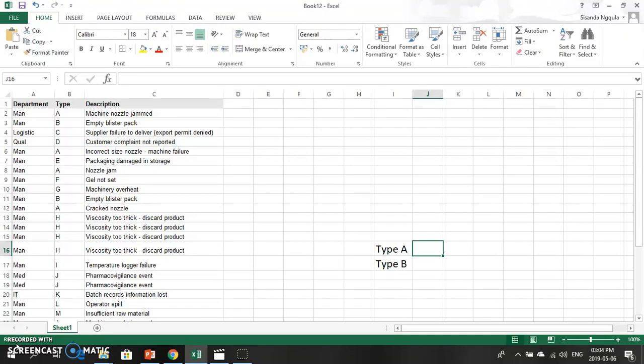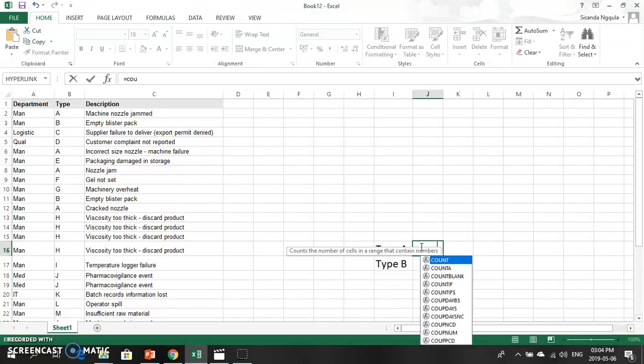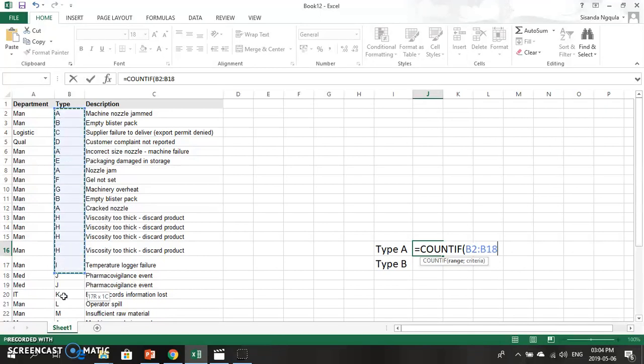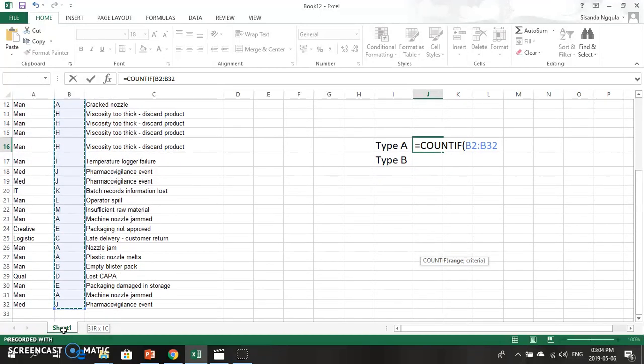The COUNTIF function is used to categorize data. This is done by first entering the equal sign to let Excel know that it is a formula that you want. You then search for the COUNTIF function. You double click. The function prompts me to select my range. This is the data I'll be doing counts on.